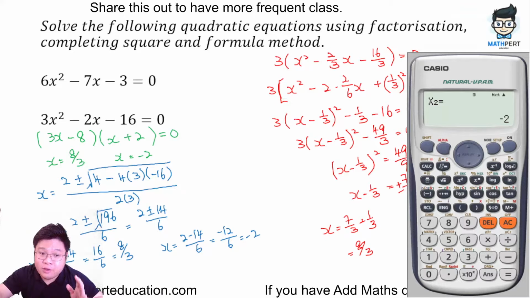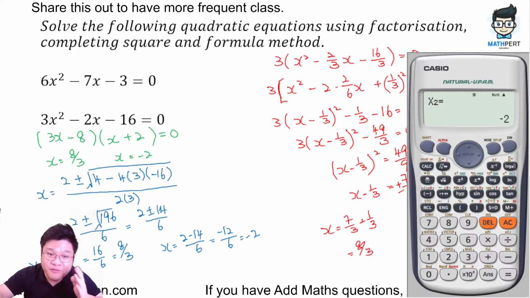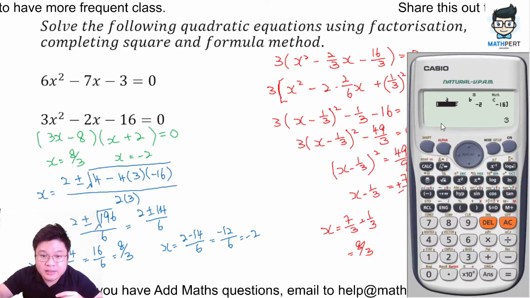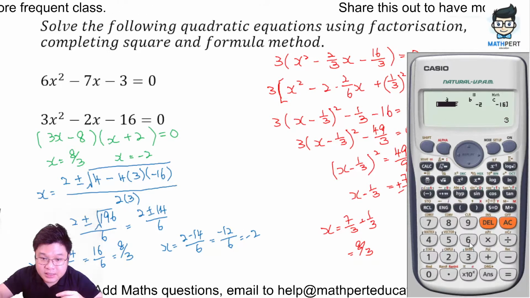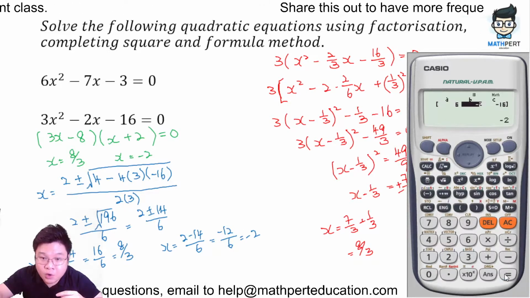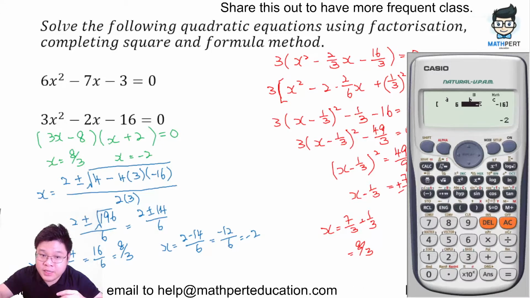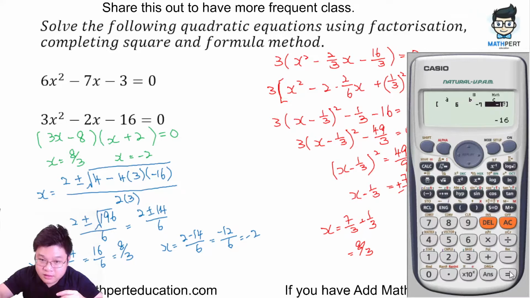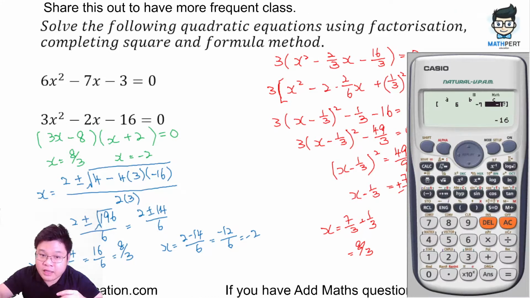You can always check the first question that we did just now. Again, let's try. First one, 6 equal. Second one, B is -7. C will be -3.